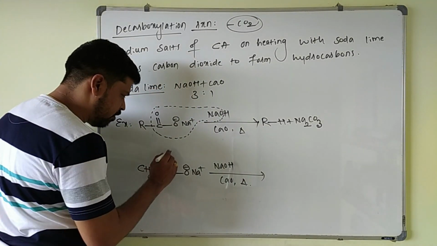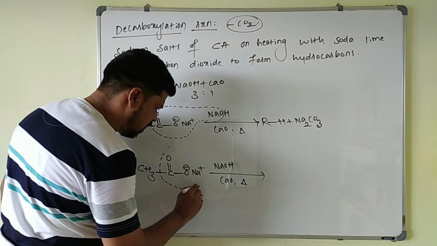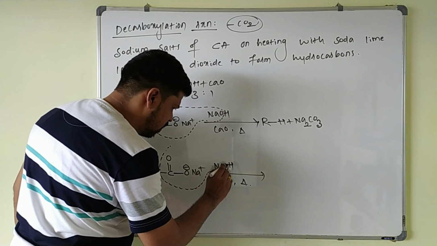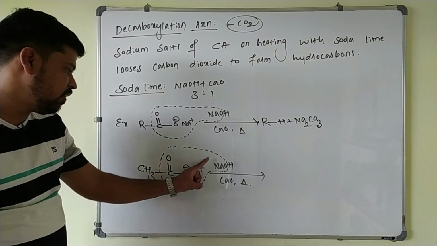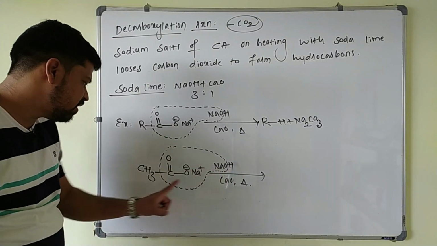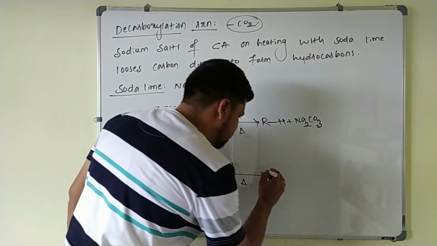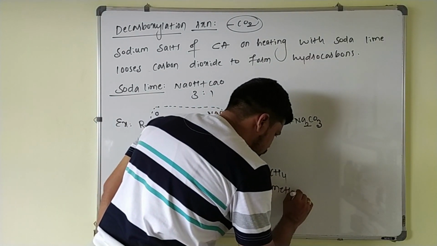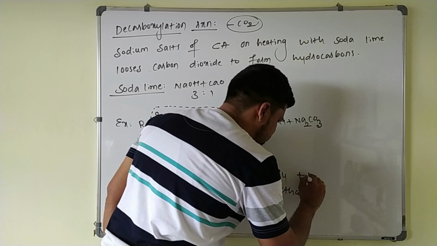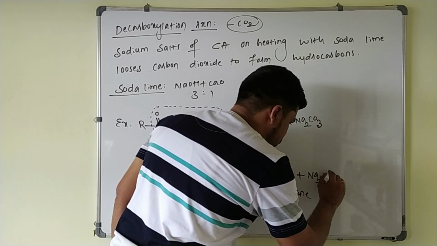So what you have to do here? Complete this carboxylic group is eliminated in the form of what? Na2CO3. This is your Na2CO3 eliminated. This hydrogen is connected to this methyl group, so that there is a formation of what? Methane is formed here, along with the formation of Na2CO3.